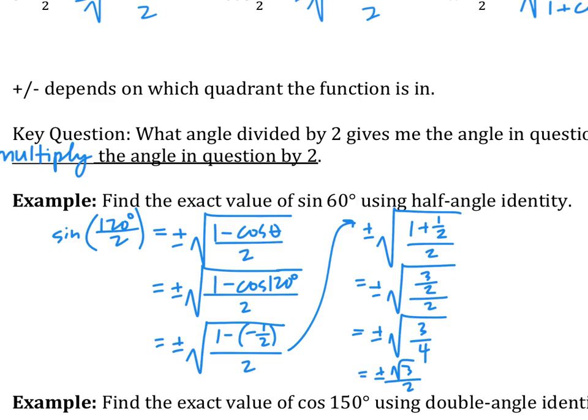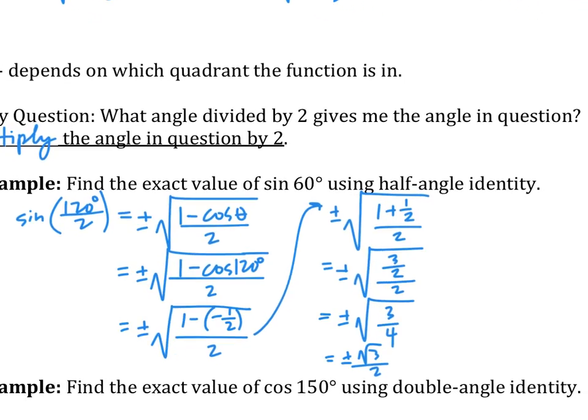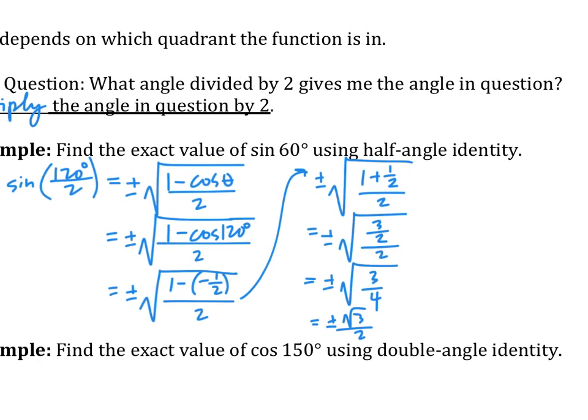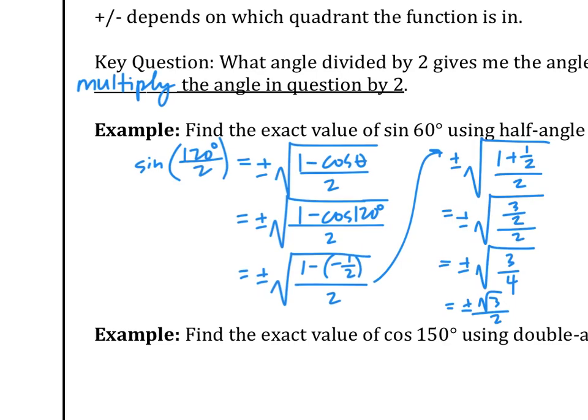Now, I said in the beginning of this section for half angle that you have to choose plus or minus based on which quadrant it's in. So how are you supposed to do that? Well, you look at sine 60, because that is ultimately the question you're trying to answer. So you ask yourself, where is 60 degrees? Which quadrant? That's the first quadrant.